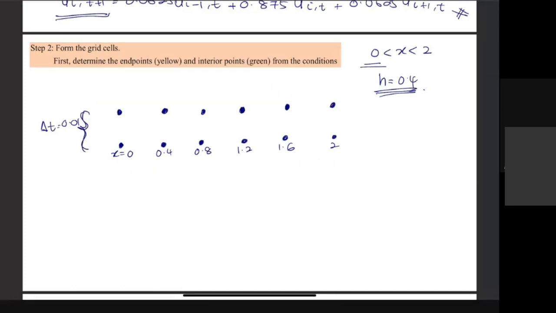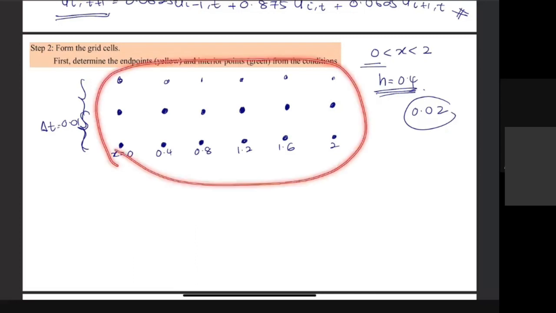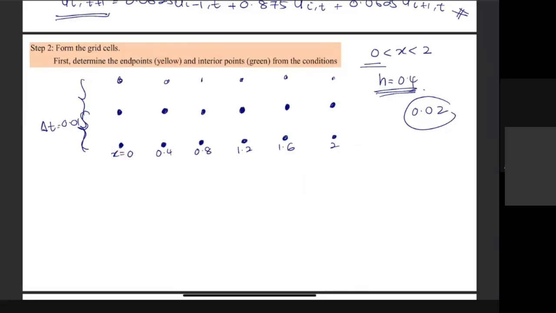If the question said to solve up to 0.02, you will have an extra level here, and you must determine all the values for those points. But for this question, it wants you to solve up to 0.01 only. So that's it. These are the points that we want to solve.